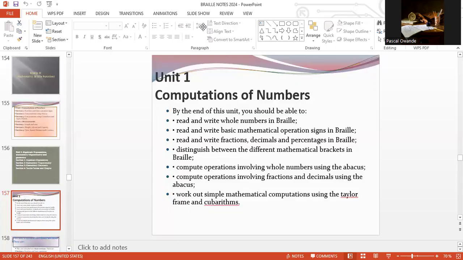And second last, they should be able to compute operations involving fractions and decimals using the abacus. Finally, they should be able to work out simple mathematical computations using the Taylor frame and algorithms.